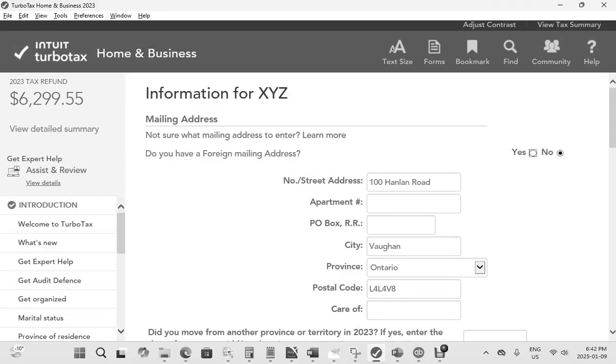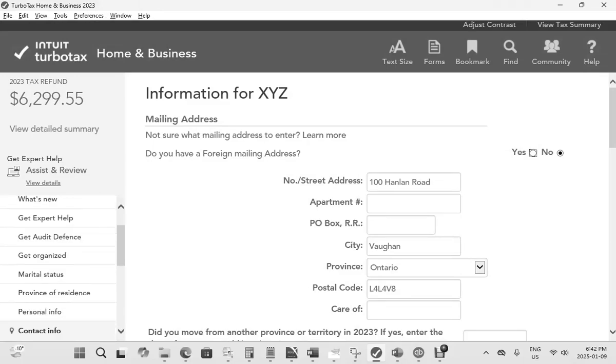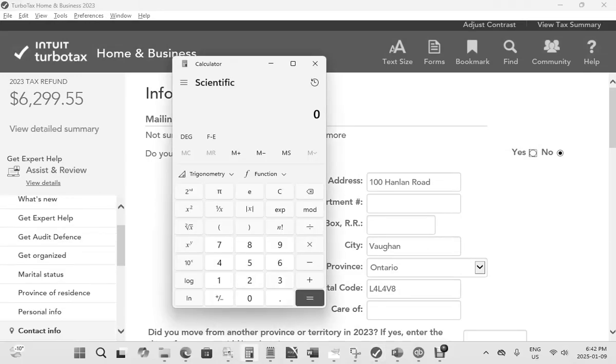So your tax refund was $6,299.55. And if you do the math, this is 6,620.31 take away 6,299.55. That's a difference of $320.76, a total of 321 if you round it out.